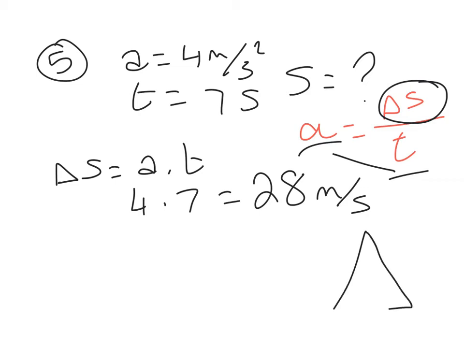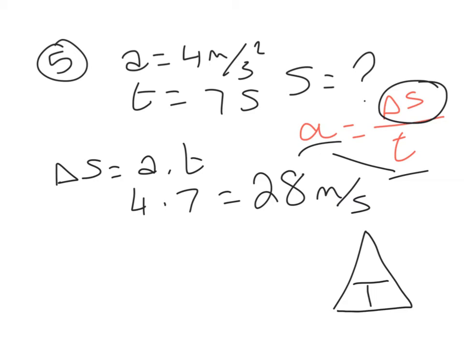If you look, I'm going to go over the triangle for those of you who forgot. This is what my triangle looks like. When we're using our triangle, we always cover up what we don't have and see what we need to do with the other 2 items that we have.